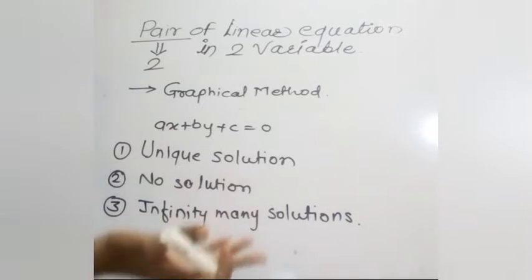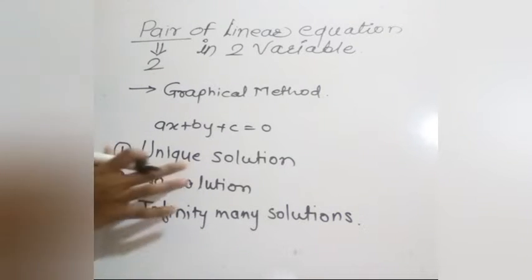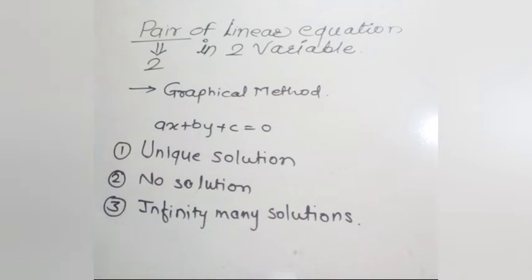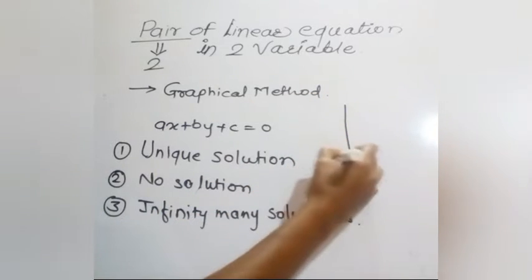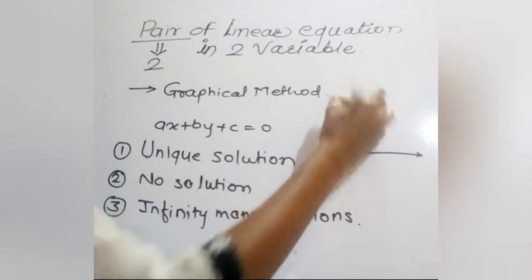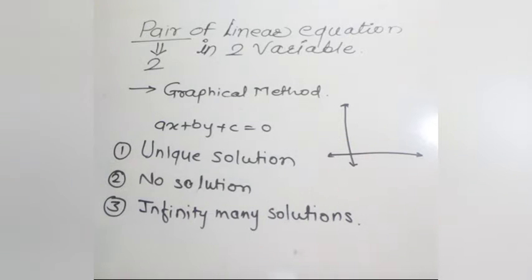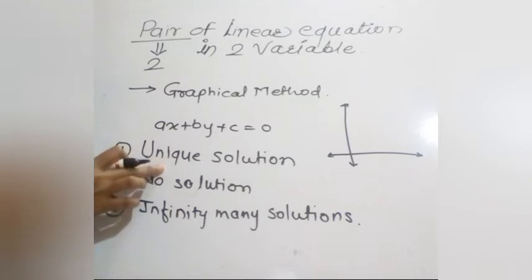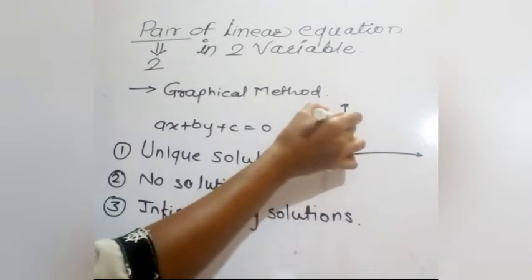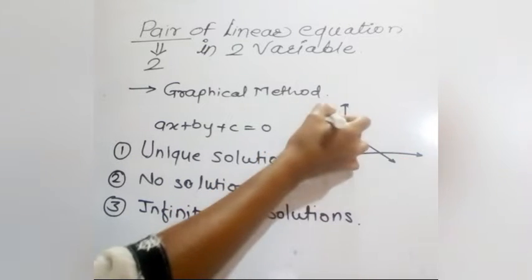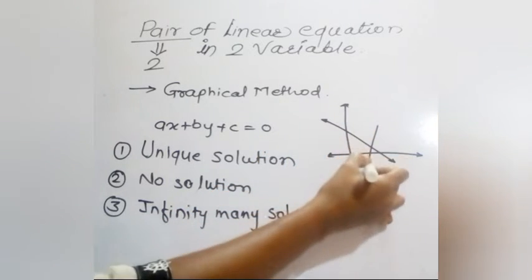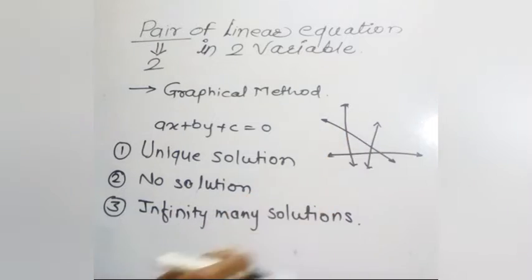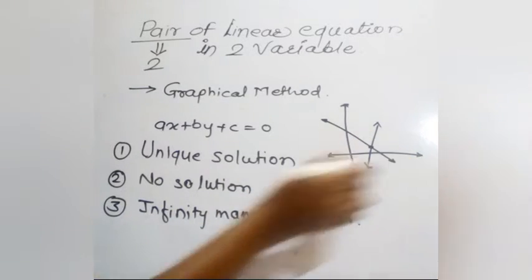So what type of graph can we plot after finding these kinds of solutions? Let's understand that first. Suppose we got a unique solution. This is the x-axis and y-axis. Then the line for linear equation 1 and the line for linear equation 2 have some intersecting point.